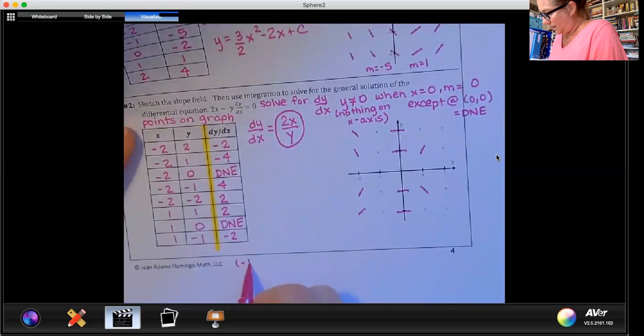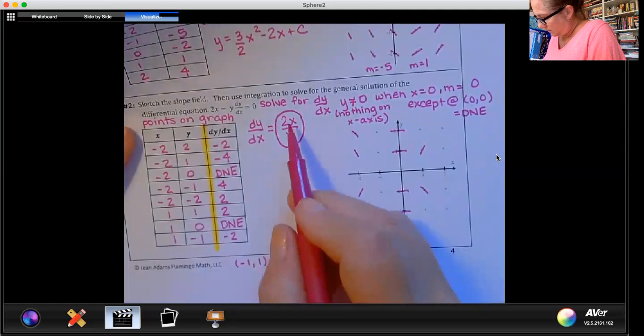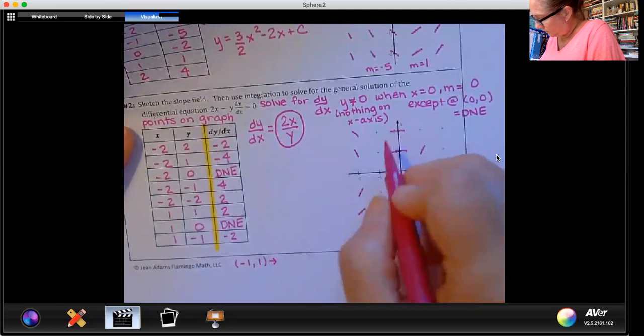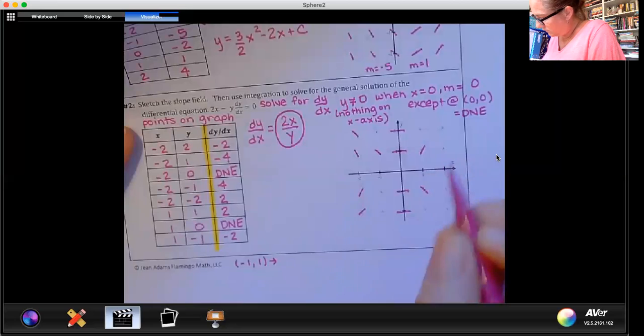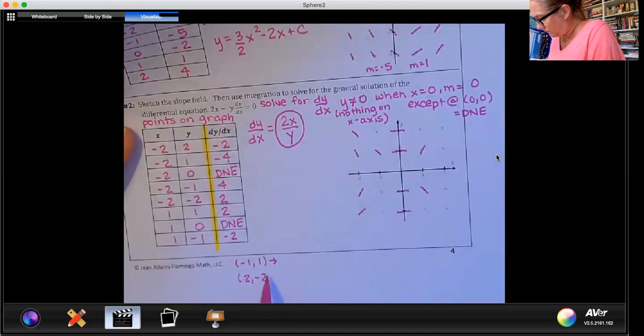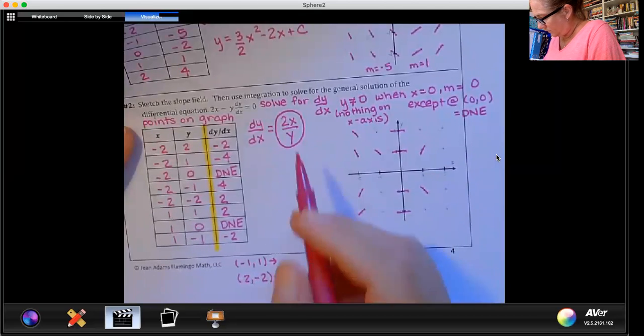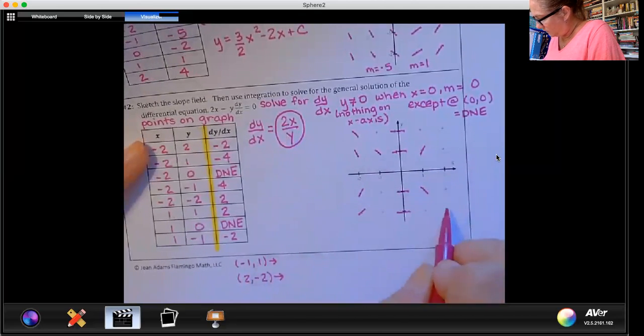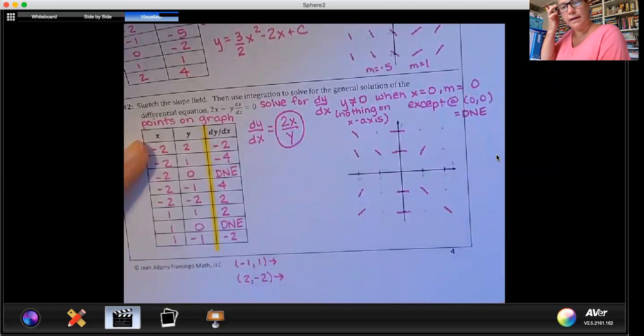So at (-1, 1), -2, and we'll go ahead and fill in (2, -2), also going to be -2. So those are in a line that are the same right there. All right, we said those were -2.